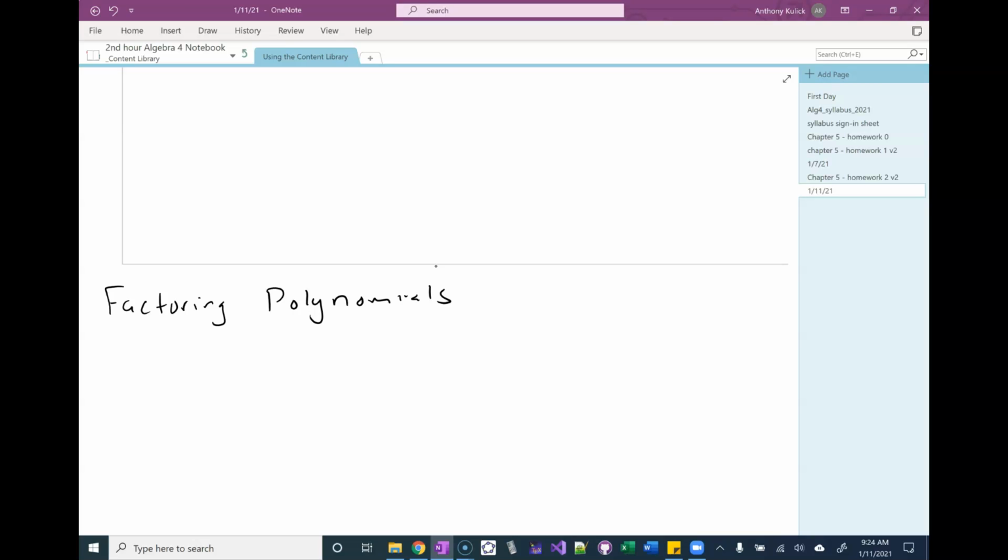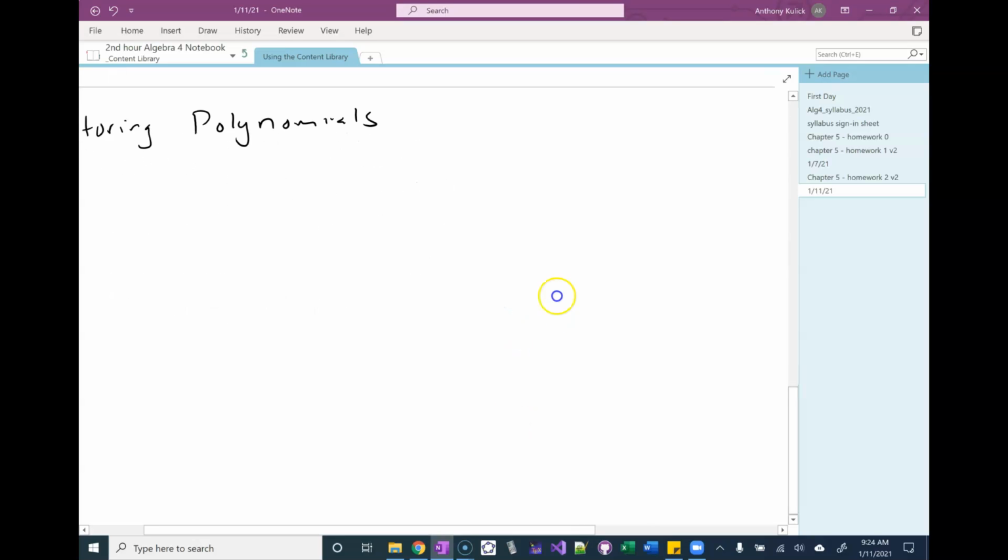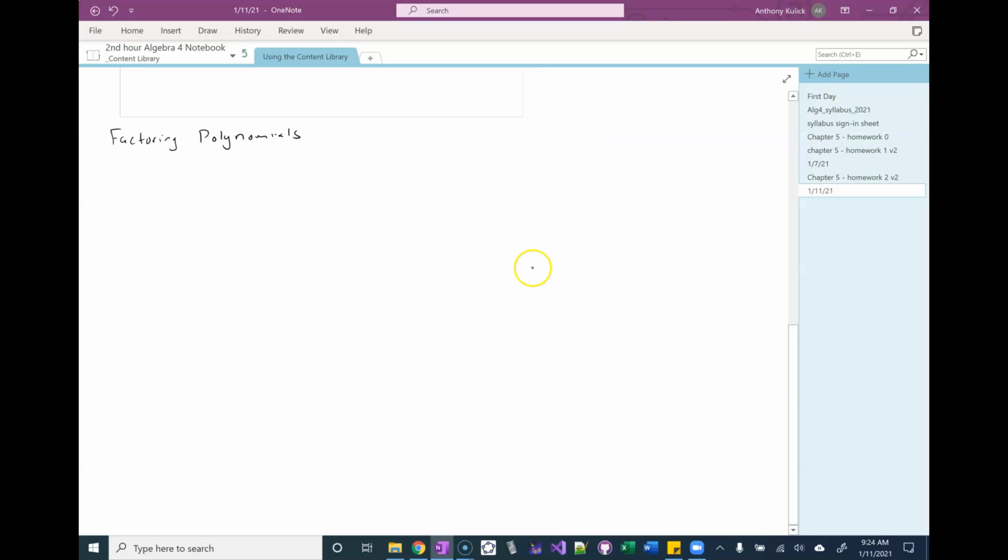If you're on your tablet, using OneNote, start in the middle of your OneNote page so you have some space to extend in either direction. Okay. So our starting point is some polynomial.